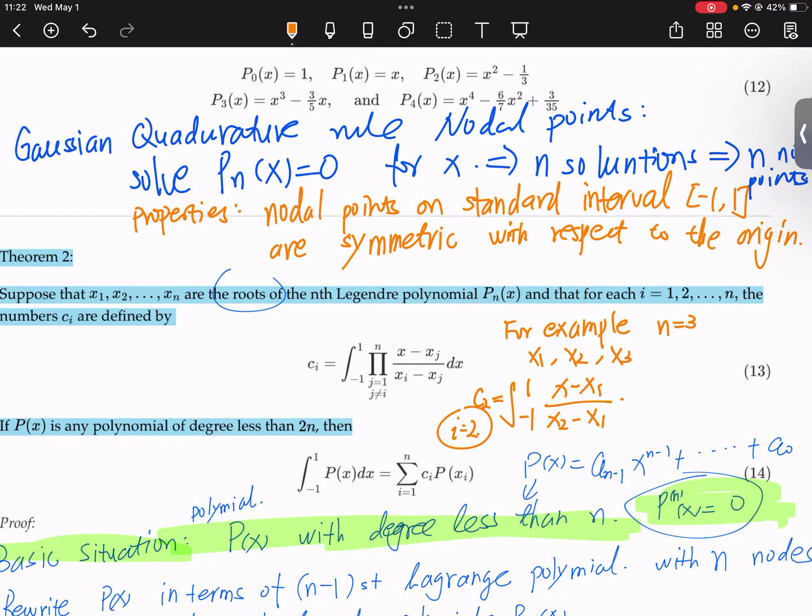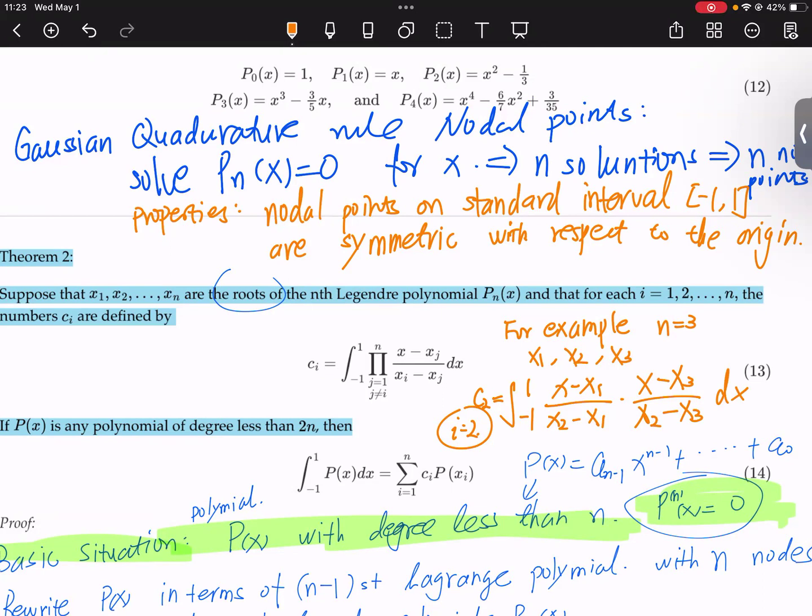The next item is x minus x3, divided by x2 minus x3, and then dx. This is how we calculate c_2 for the example n equals 3. Any questions here?